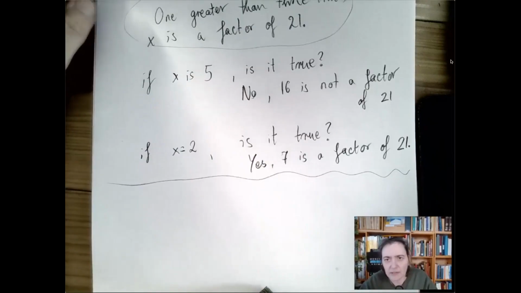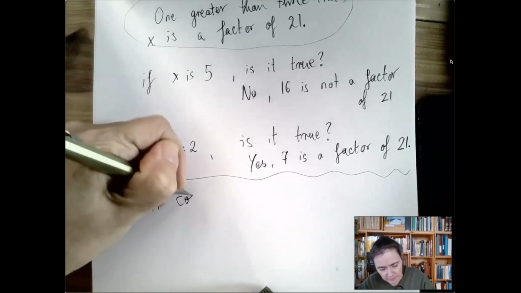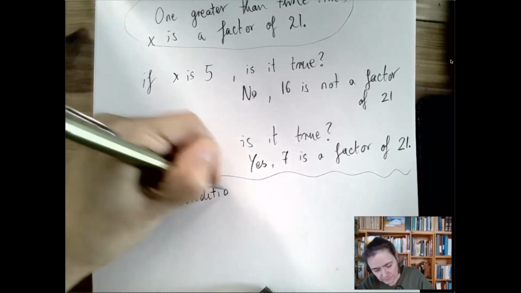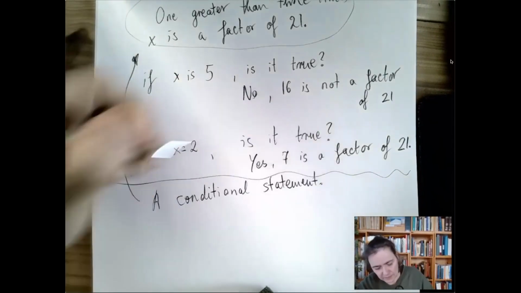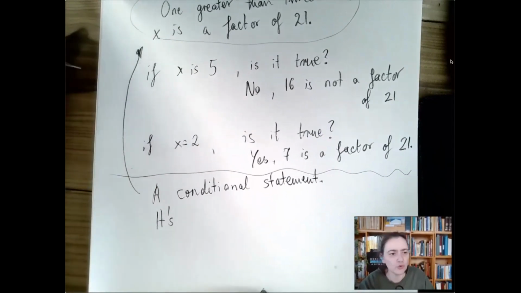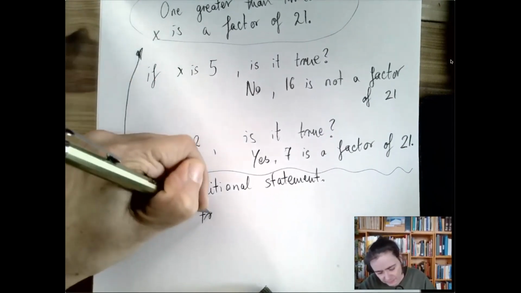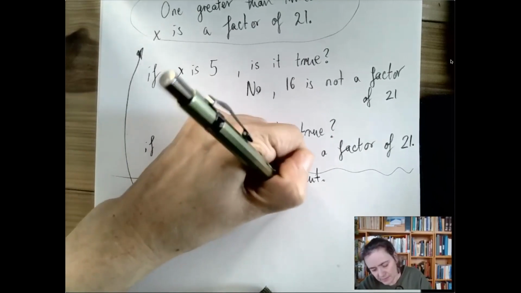Okay, so here is another conditional statement. Its truth value. Truth value is fancy for whether it is true or false. This truth value depends on x.